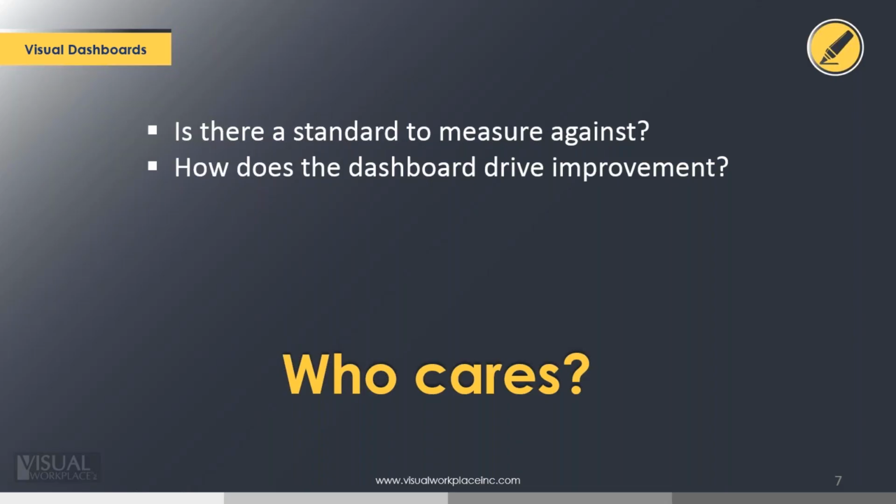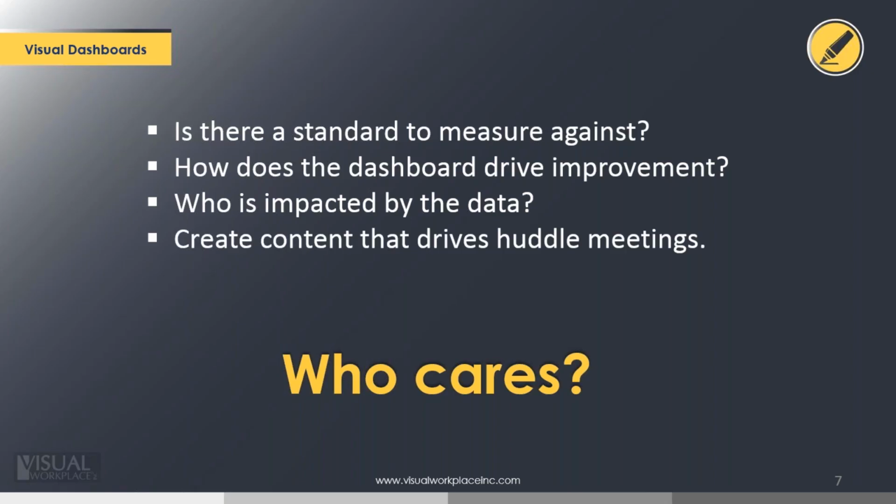Next, we want to talk about how this dashboard and the data we're collecting are going to drive improvement. You're going to have to explain this to somebody, because you want them to be engaged in this continuous improvement. So again, who's going to be impacted by the improvement in the data that's collected? I would encourage you to create a huddle meeting around this visual dashboard and scoreboard.